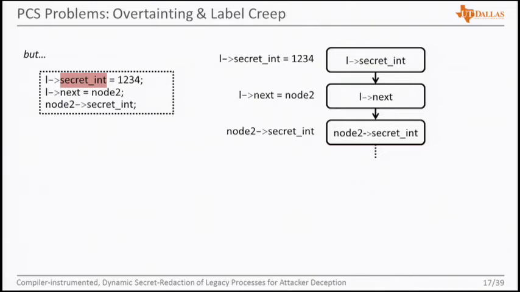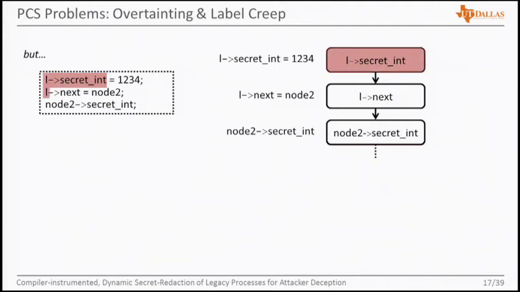To illustrate this, let's look at a very simple example where we have this linked list of secret integers in which each node should be tainted with labels for a different user. So if we use the pointer combined semantics here, what happens when we assign the value 1, 2, 3, 4 to the field secret integer? It gets tainted. It combines, right?